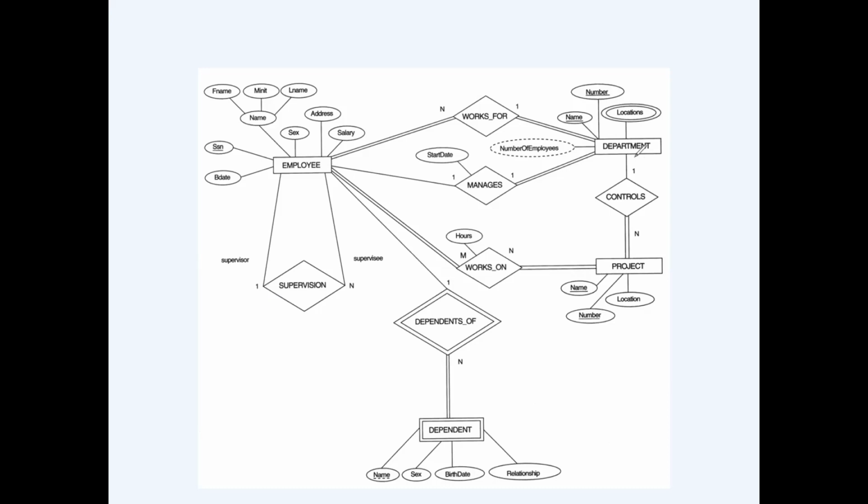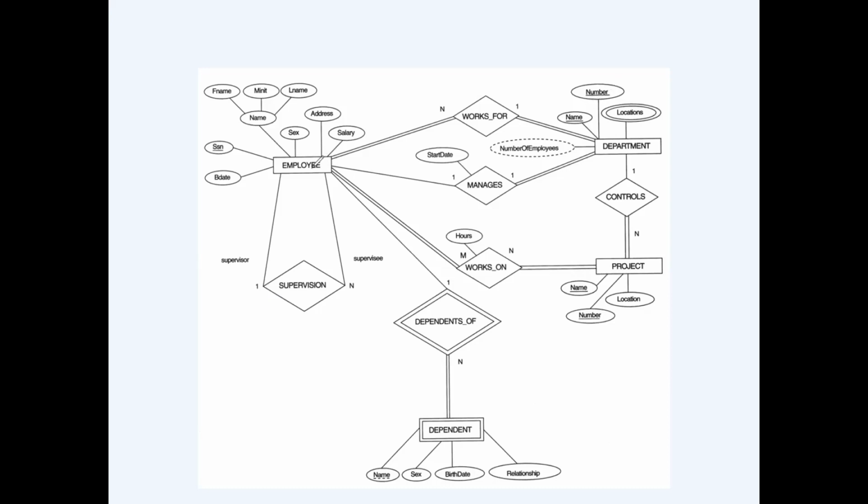Unique attributes are very important because using unique attributes, we can uniquely identify each of the records. For example, for employee, you can see we have social security number underlined. Social security number is similar to the national ID in the Sri Lankan context. It's unique, right? So for unique attributes, we underline them. You can see the department has a unique name, so name is underlined. Number is also unique and underlined. So you can have any number of unique attributes.